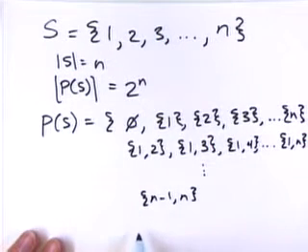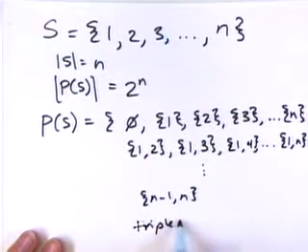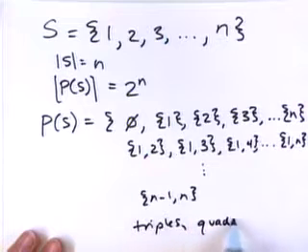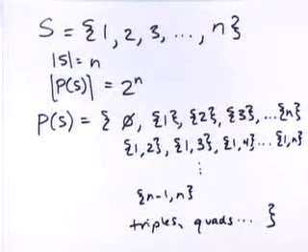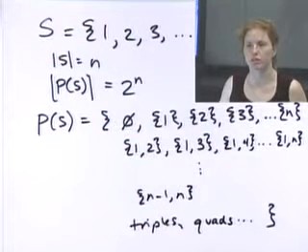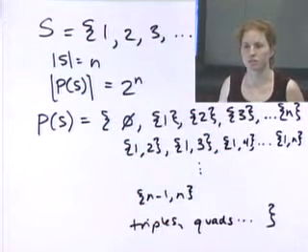The triples and then, so it has 2 to the n elements. And we can represent this with what? How could we draw a picture with the power set of S?